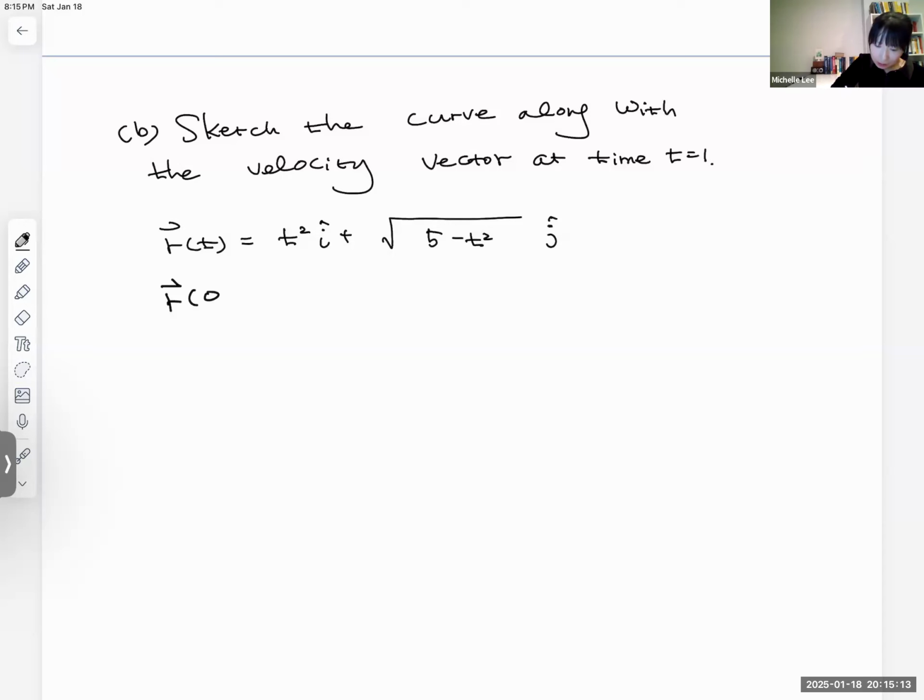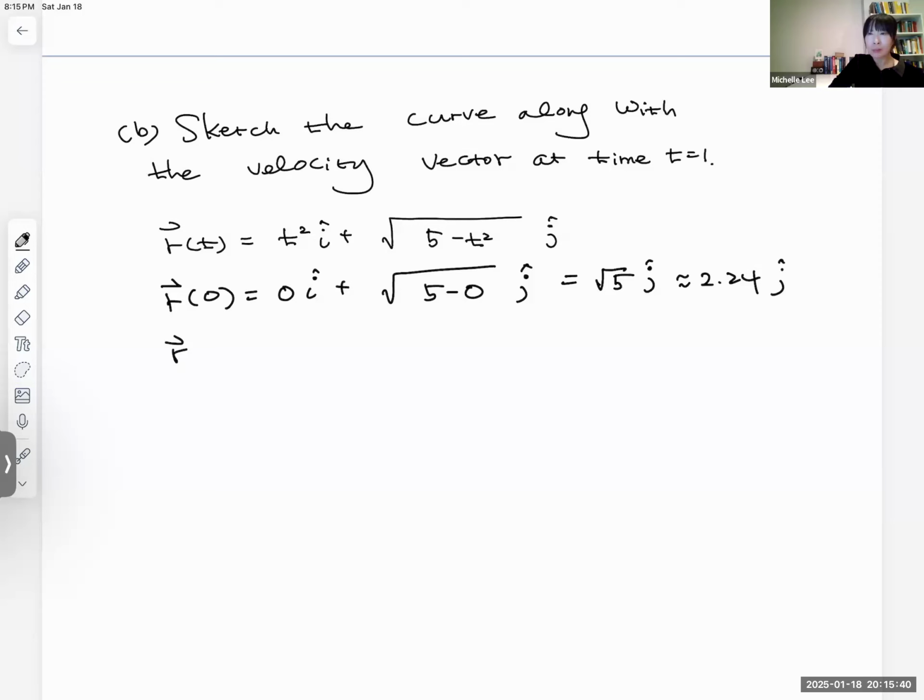So r of 0, we get 0 squared, which is 0, plus we have 5 minus 0, j, right? So that will be square root of 5 j, right? So this one is approximately 2.24.